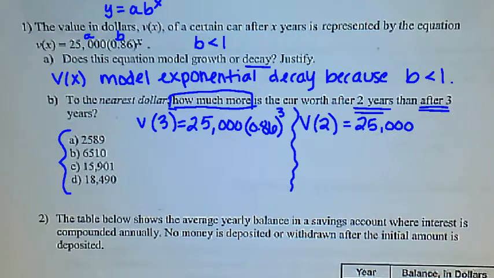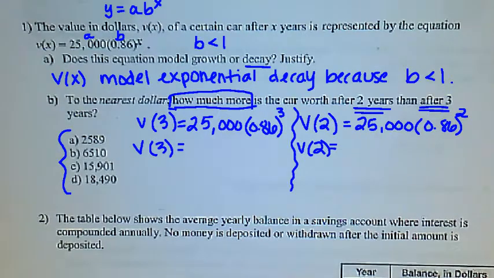Alright, so all I'm doing here is substituting. Remember my x, my exponent, just represents the number of years, and I'm going to say more often than not, that is what it represents.